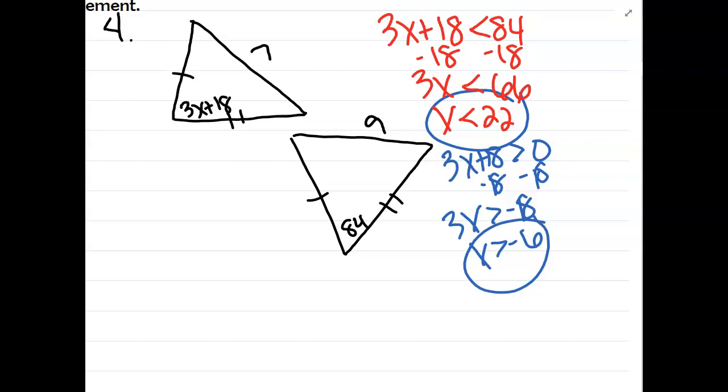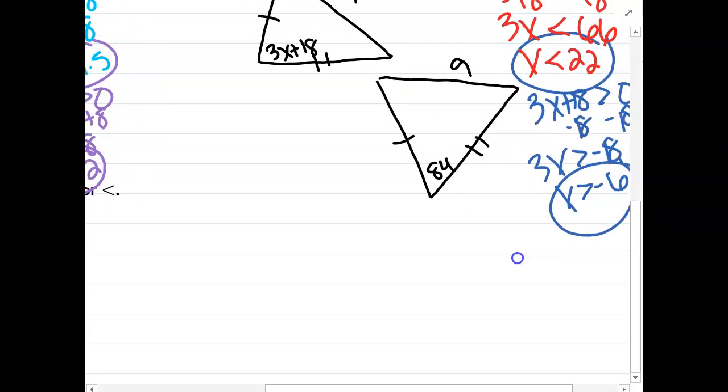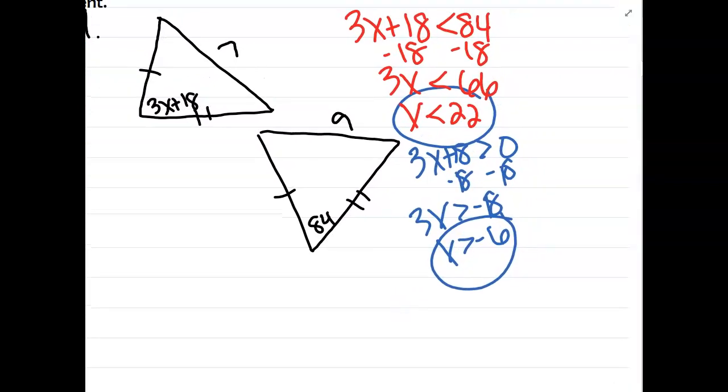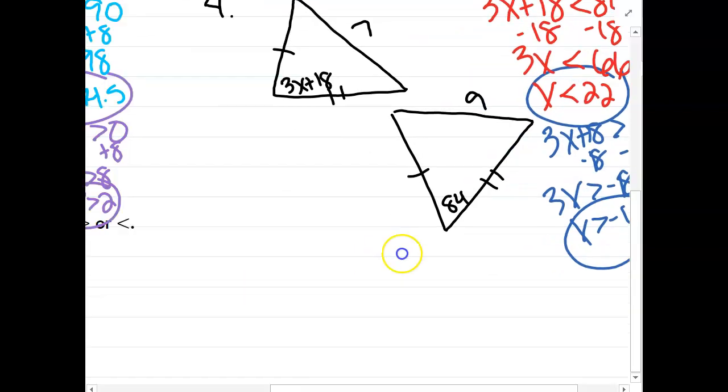Okay, and then last one. Yes, so the x could be below 0. Because notice, even if I plug in negative 1, it'd be 3 times negative 1, so this can't be negative. Yeah, good question.